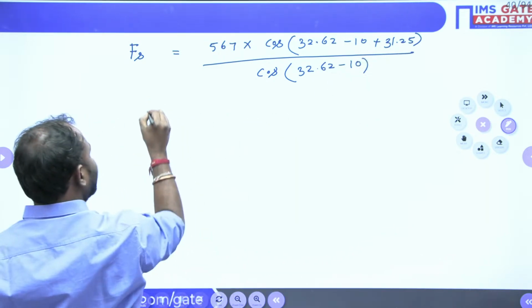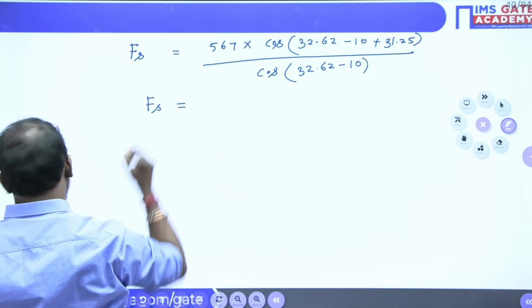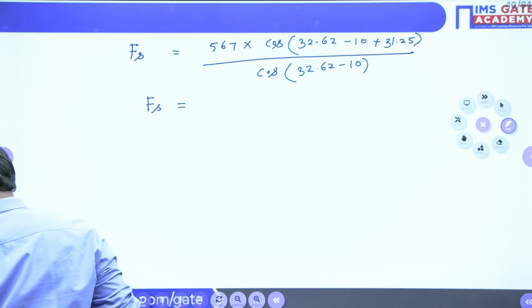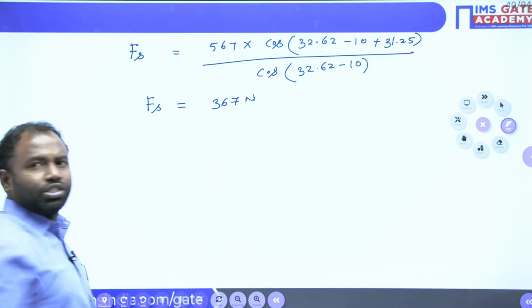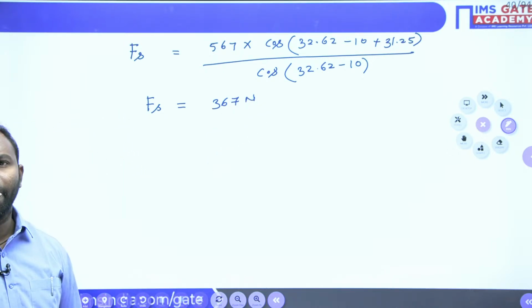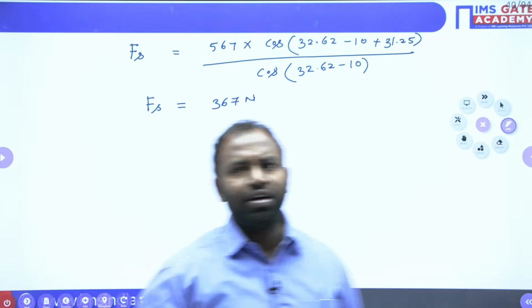So how much shear force are you going to get, guys? You are going to get 367 newtons shear force. Okay, right, everybody? So are you following, guys?